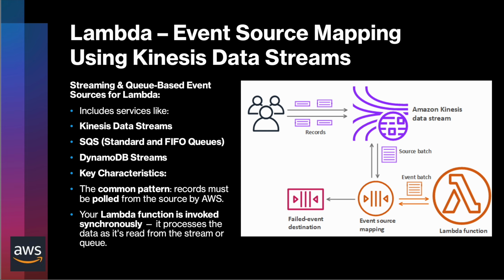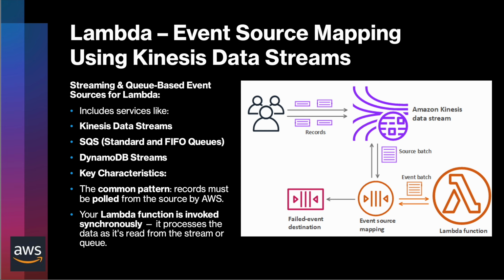In this case we have the Kinesis data stream right here in the architecture diagram. If we configure the Lambda to read from Kinesis, an event source mapping will be created, and that is responsible for polling Kinesis and getting the results back from Kinesis.